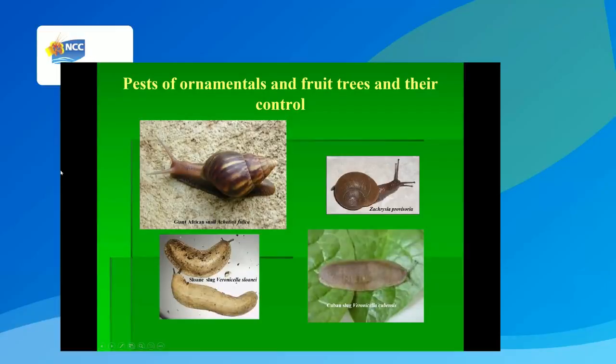Then there is another tiny spiral snail, Zachrysia, which can appear in large numbers in your crops. It loves leafy vegetables in particular. And there are also different species of slugs, which a lot of people are familiar with, the Sloan slug, for example, and the Cuban slug.